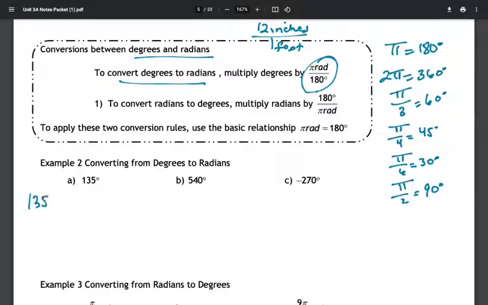So we're going to take 135 degrees and multiply it by pi radians over 180 degrees. That way your degree symbols will cancel out. When you multiply that straight across, you get 135 pi over 180. And then you should try to simplify where you can. 45 goes into 135 3 times, and 45 goes into 180 4 times. So that gives me 3 pi over 4.